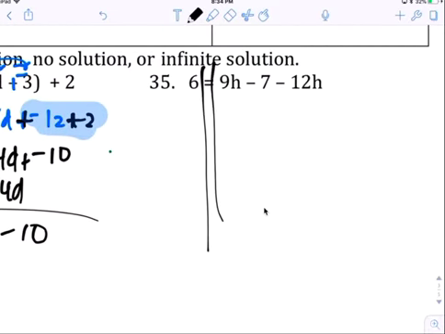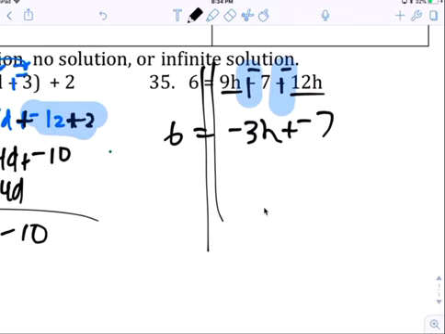Okay, additive inverse, plus a negative, plus a negative. You can't have 2 pluses, so you have to combine like terms. 9h and the plus negative 12h is negative 3h. Plus negative 7 equals 6. The plus sign is here, so you make one of them 0. This one is like that one. So you make that one equal to 0 plus 7, plus 7.